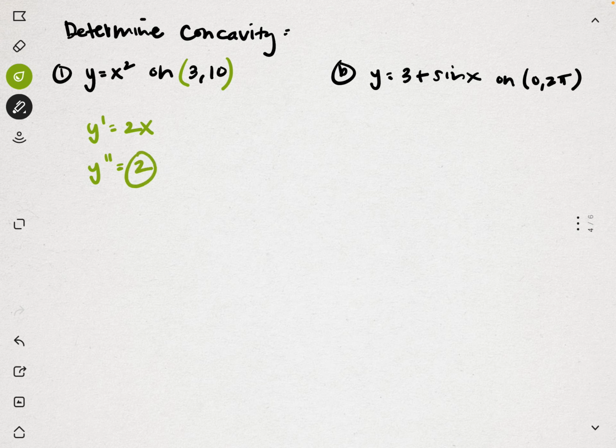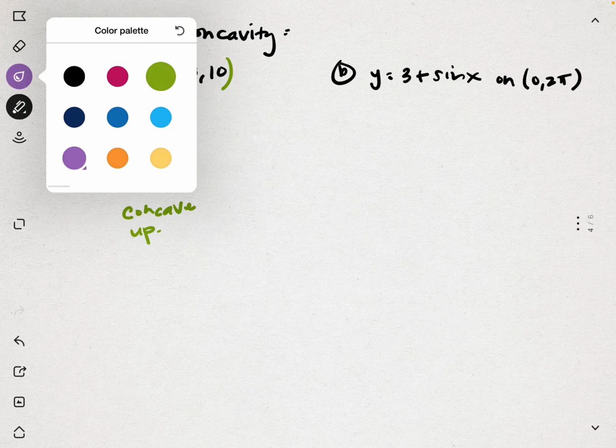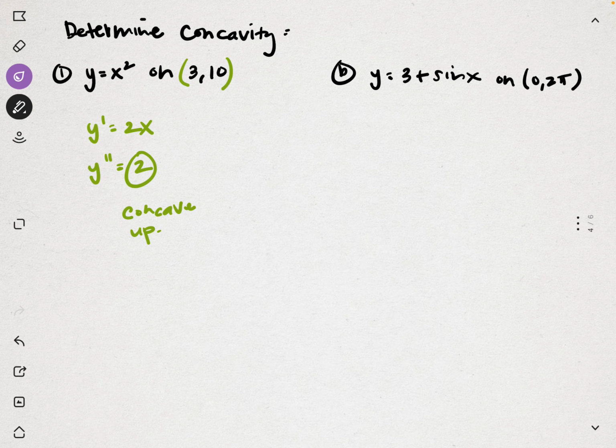So we know that on the interval 3 to 10, it's always concave up, because it's positive. Okay, let's do the next one. First derivative, second derivative.